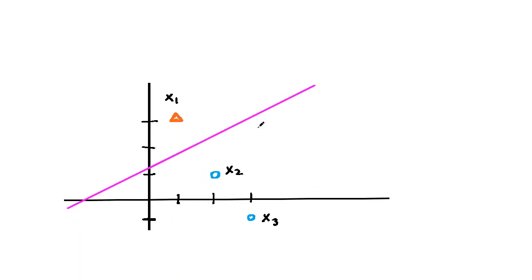It's this purple line. Here are the data points, x1, x2, and x3, and our line here separates the two classes. So this is our maximal margin hyperplane.